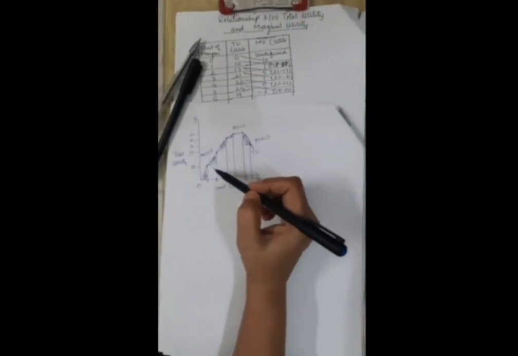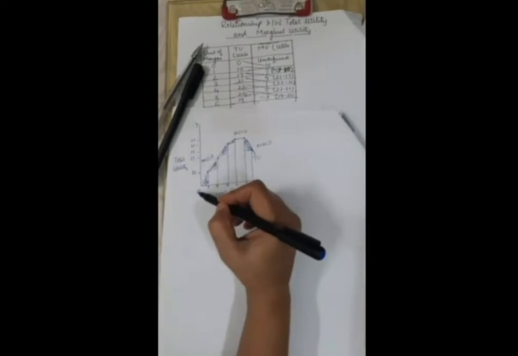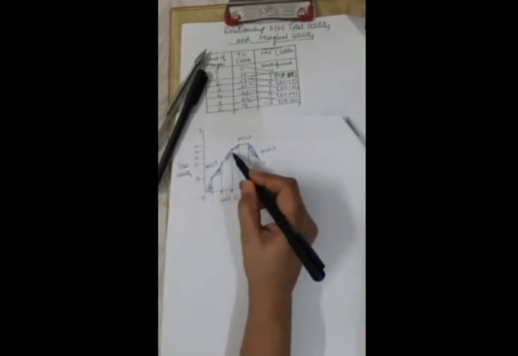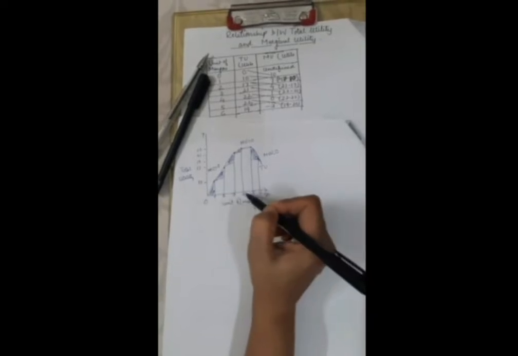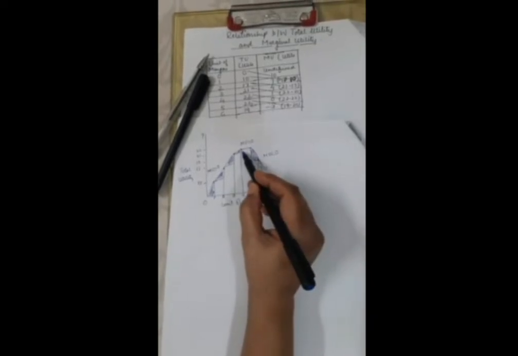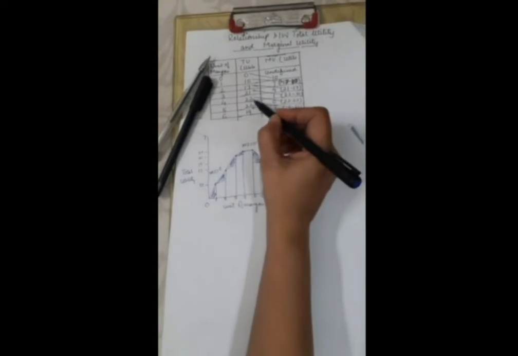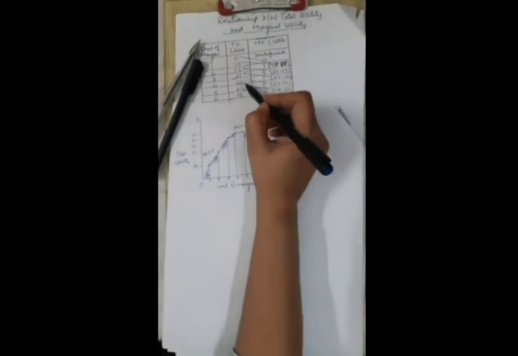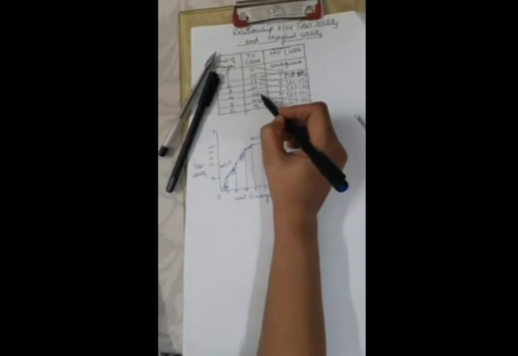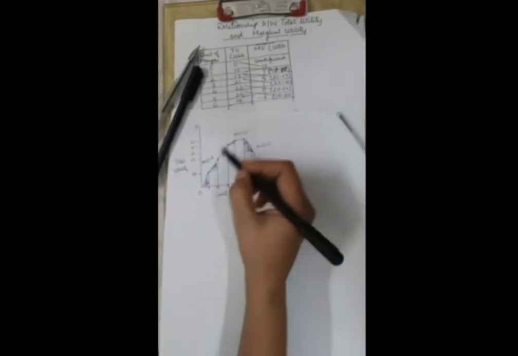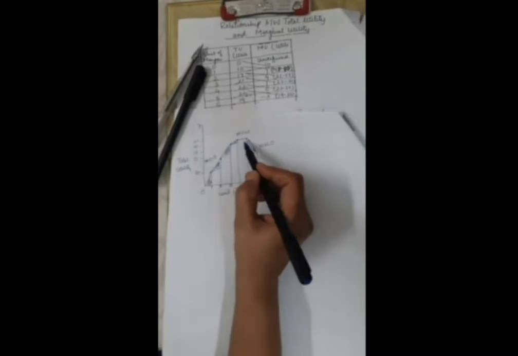Now it is seen in the diagram that initially the total utility curve rises upward. Can you see that? The total utility is rising upward from 1 to 4 units, right? That is also shown in the table, that from 1 to 4 units the total satisfaction is increasing from 10 to 22, right? From left to right until point M.